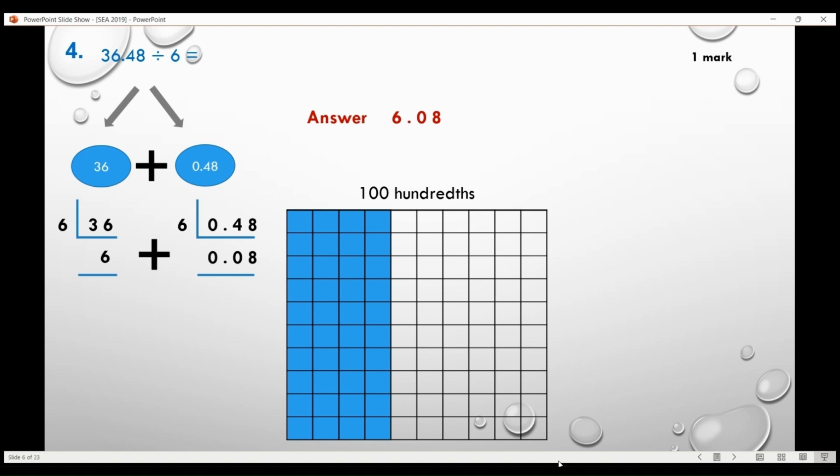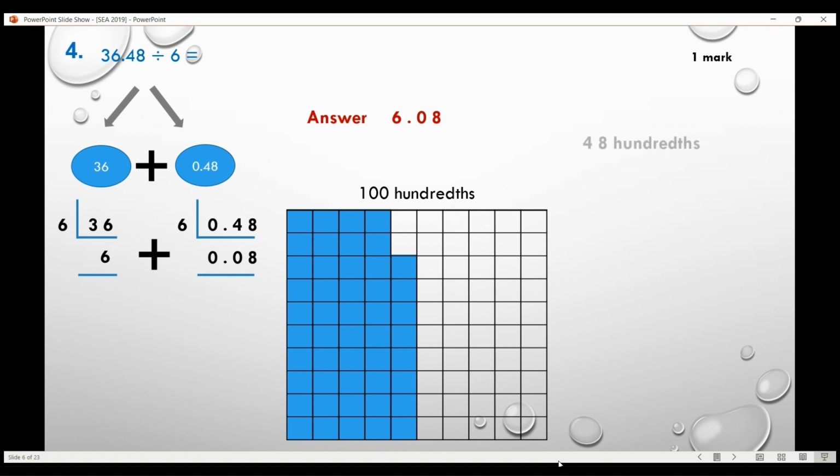So our 4/10 just now is the same as 10, and 10/20, and 10/30, and 10/40 parts, 40 hundredths. So 4/10 is the same as 40 hundredths. And of course, we have to add that 8 hundredths there. So this is what represents 48 hundredths.